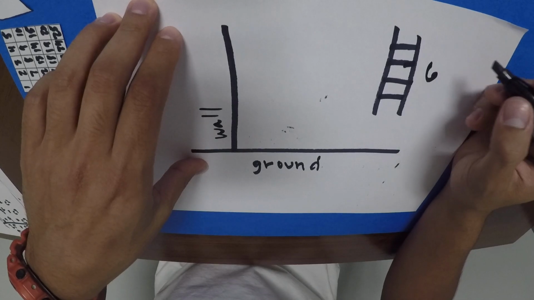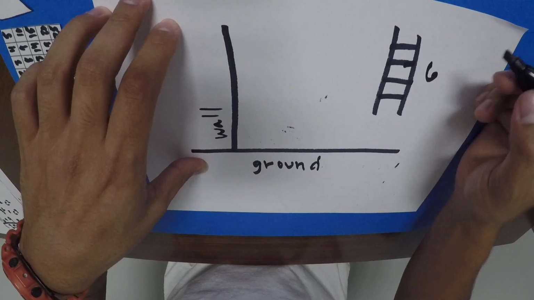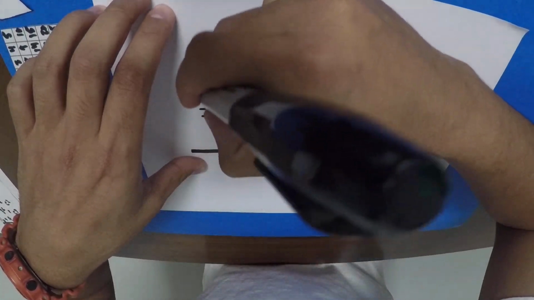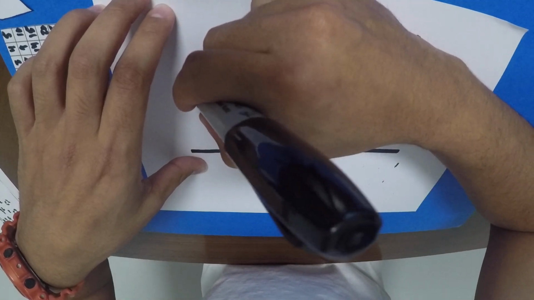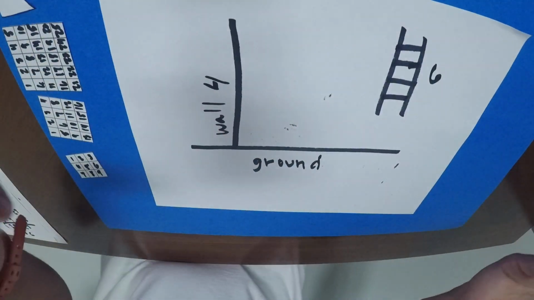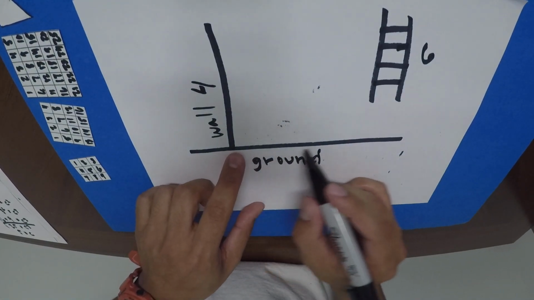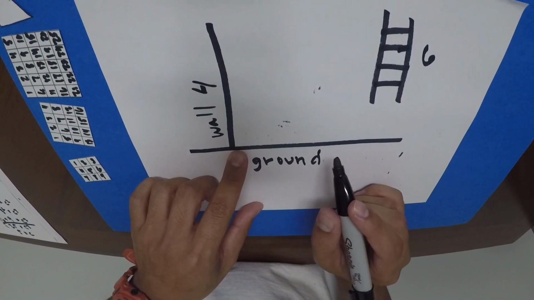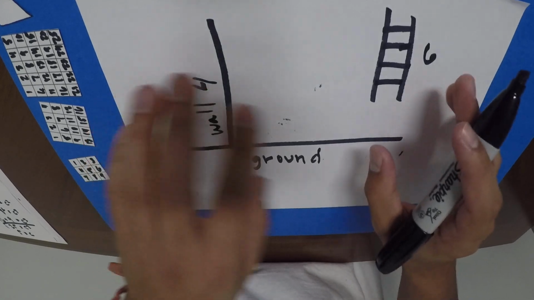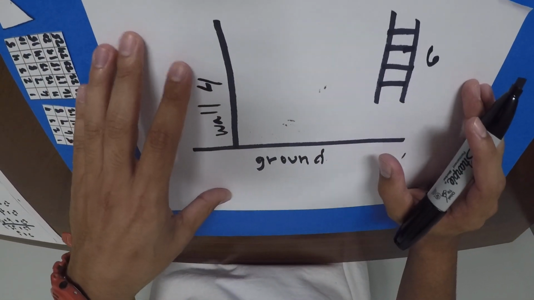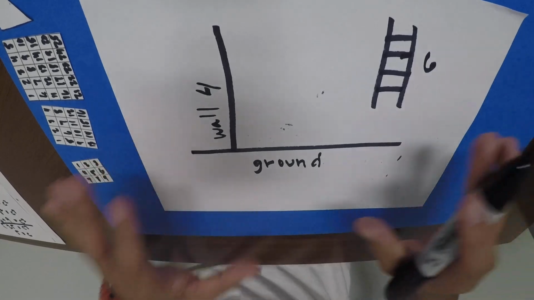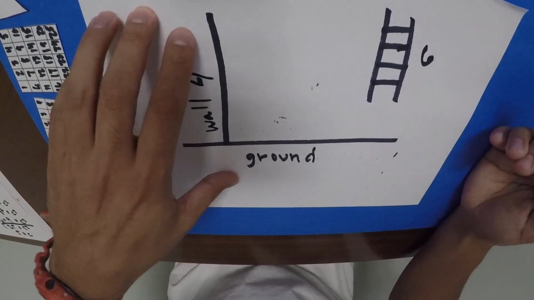And let's say a 4-foot wall. I know this is a small wall. I'm using small numbers again. Try not to confuse anybody.